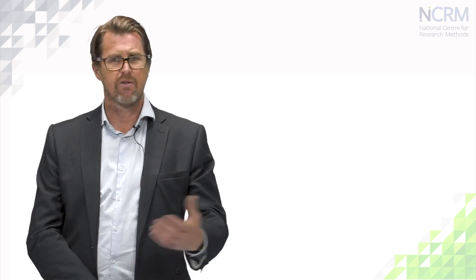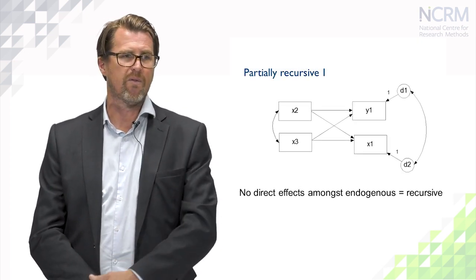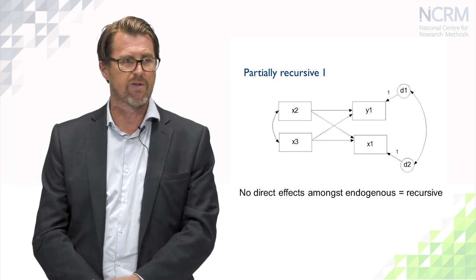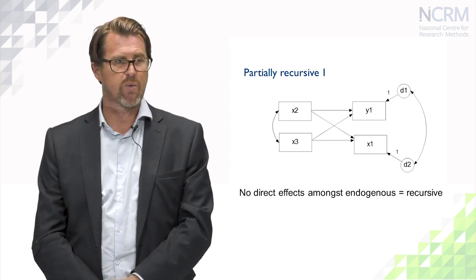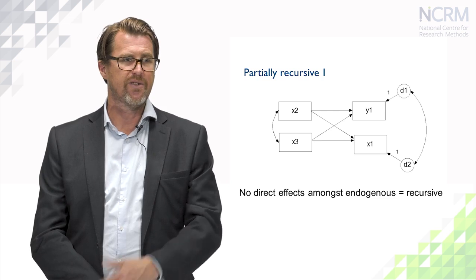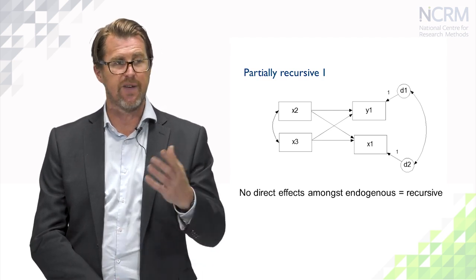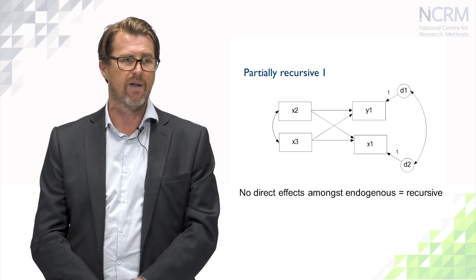Now, there are some grey areas, and this results in what we refer to as partially recursive models. Here we have a correlation between the disturbance terms, but we don't have any direct effects amongst the endogenous variables in this model, the endogenous variables here being y1 and x1.